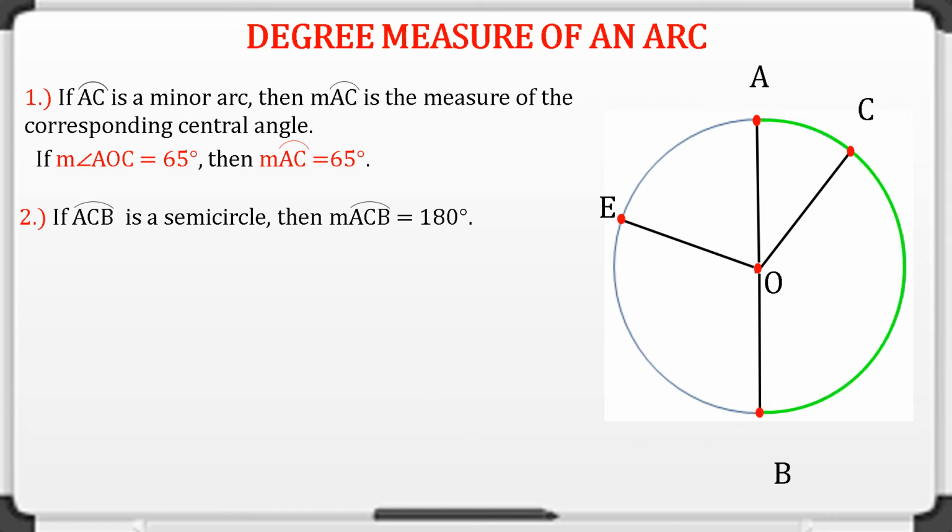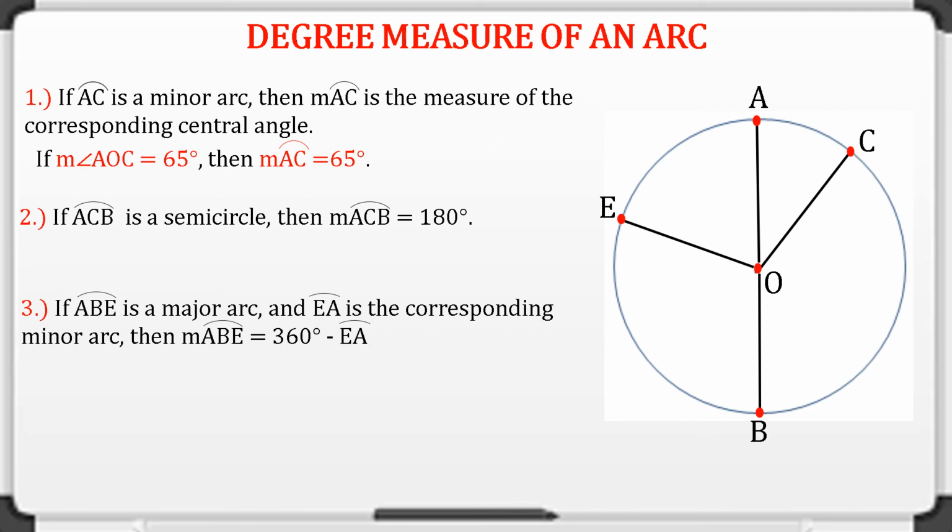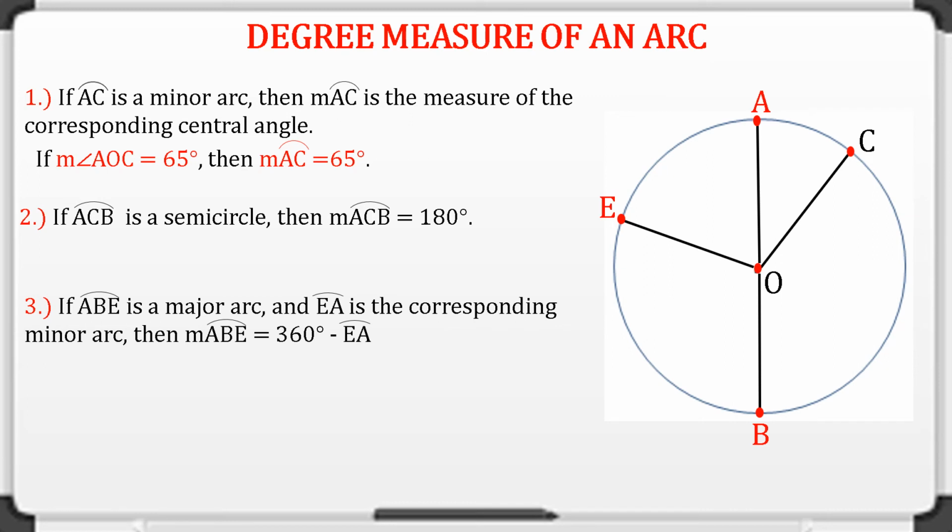Next, what about if we have the major arc? If it's major arc, we'll just subtract the measure of the given minor arc. So here, if arc EA is equal to 70 degrees, what's the measure of arc ABE? So this is 70. How much more do we have to get 360?